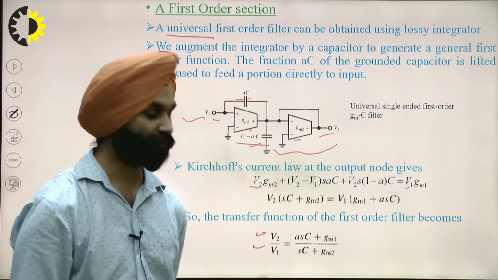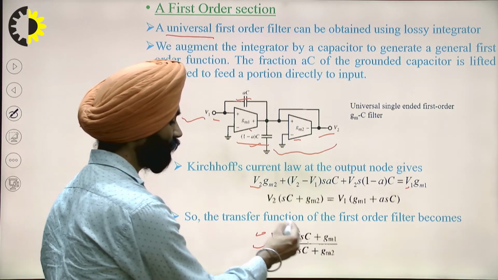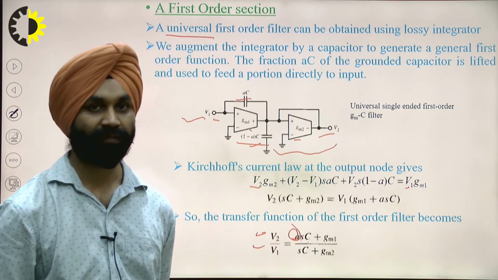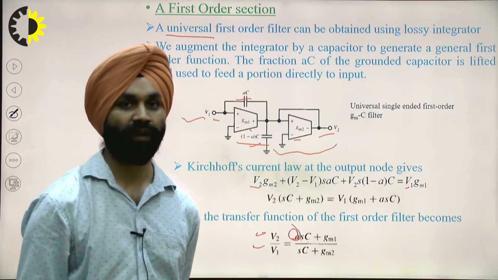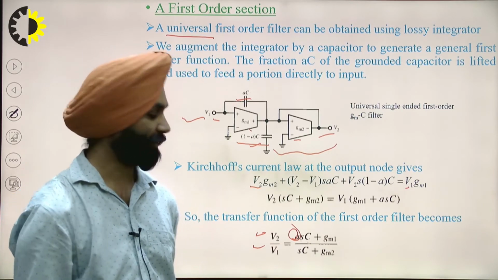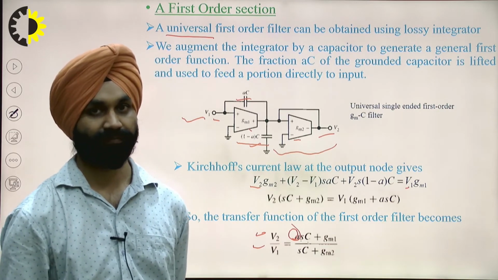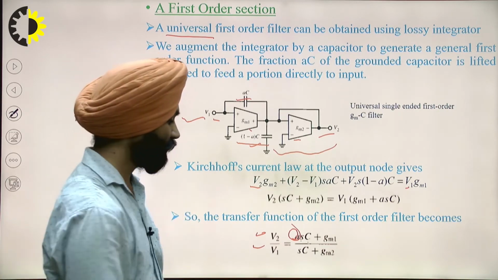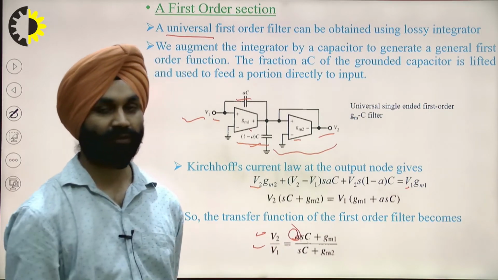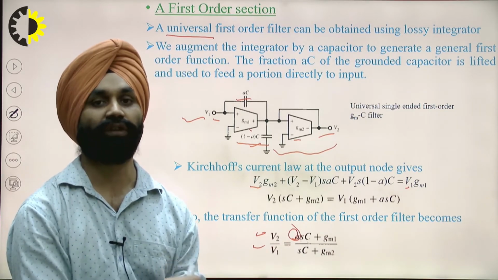So this A term can be used to control the coefficient of the S term, so it can create a first order filter.